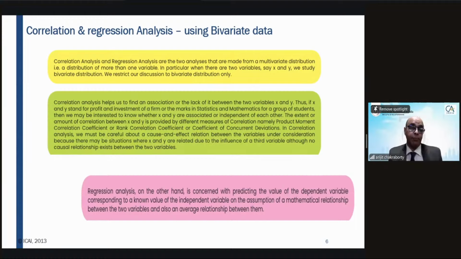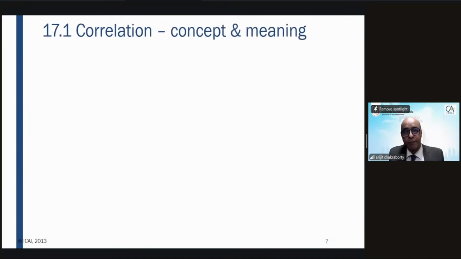This is the dependent variable and this is denoted by Y. So regression analysis deals with predicting the value of the dependent variable, in this case Y, corresponding to a known value of the independent variable. So when we know X and when we know the relation between X and Y, we are trying to find out the probable estimated value of the dependent variable, that is Y.